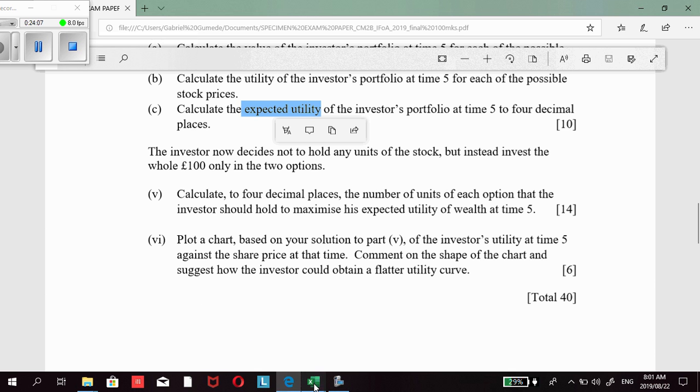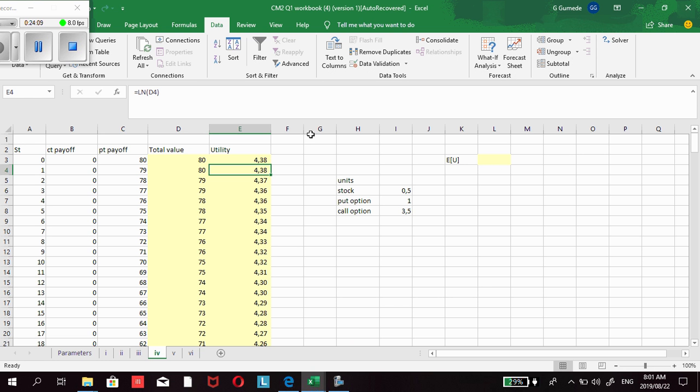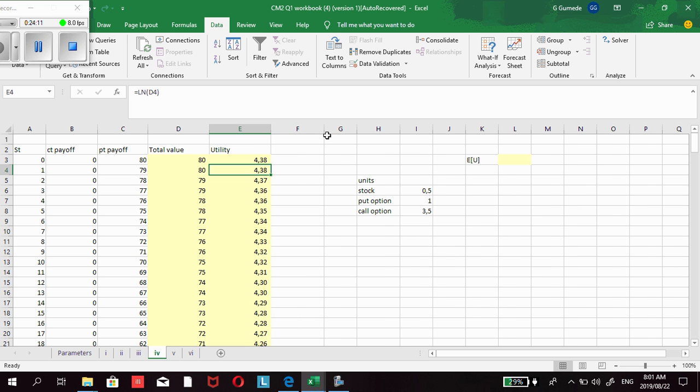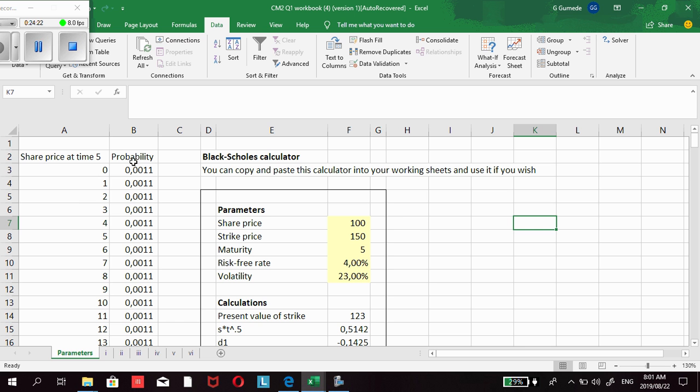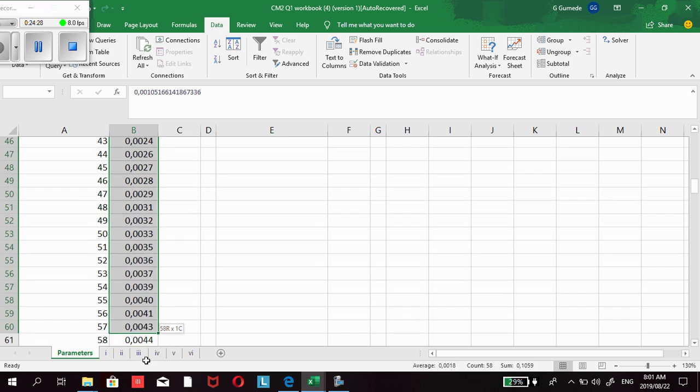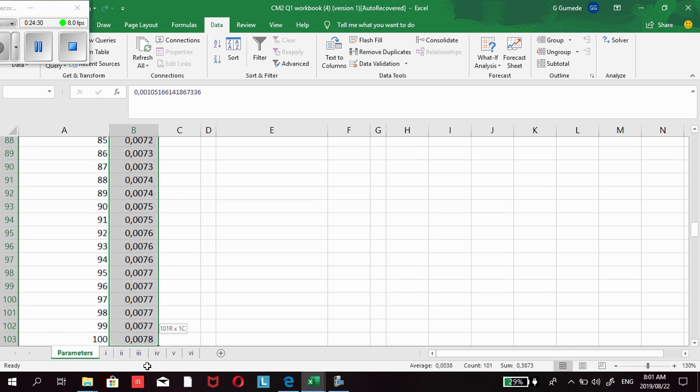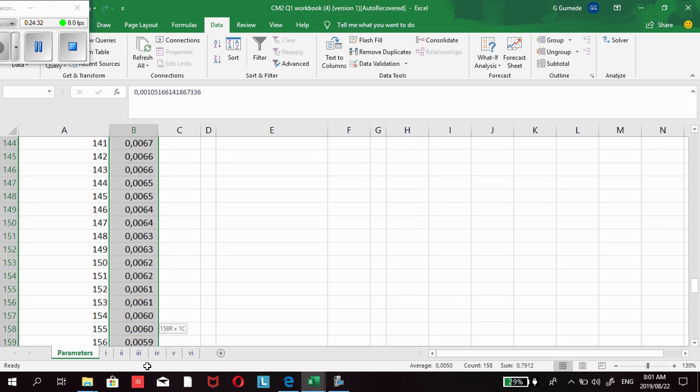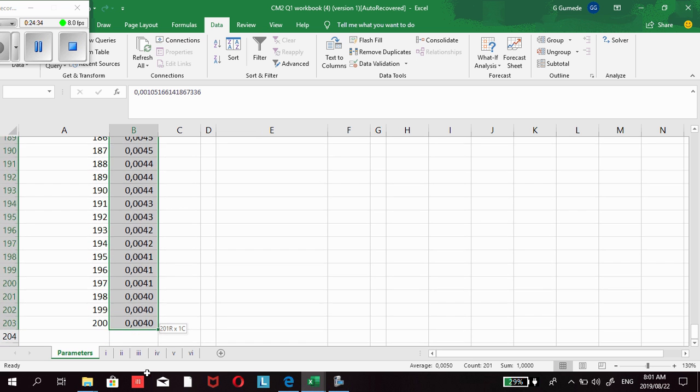Obviously, I don't need to be explaining these kinds of things because I did explain them in my revision videos, but because I'm a good person, I'm doing it. So I need my probabilities here. Unfortunately, they are given in your parameters, so I have to copy these and paste them there.